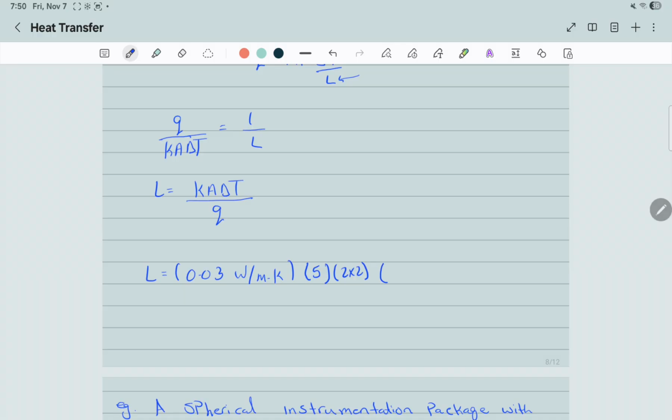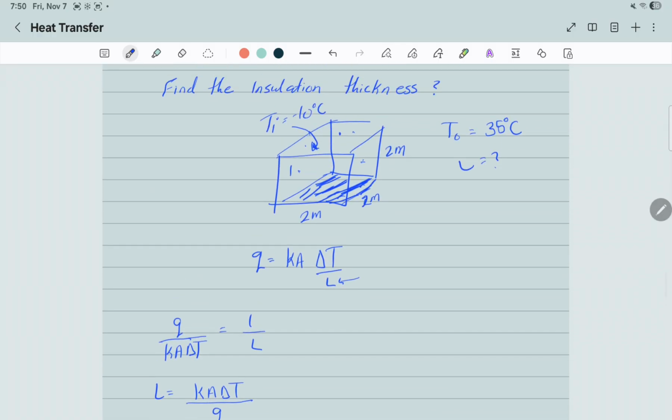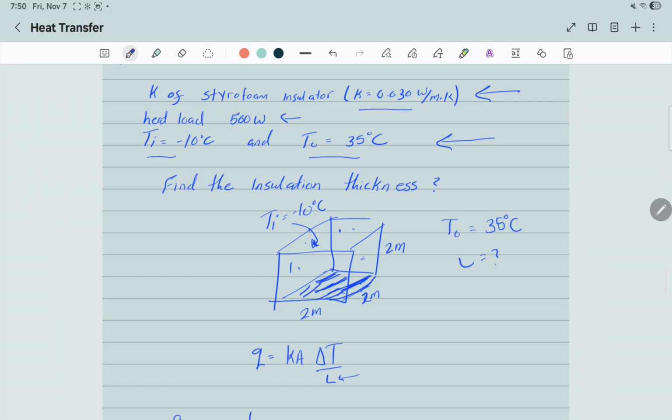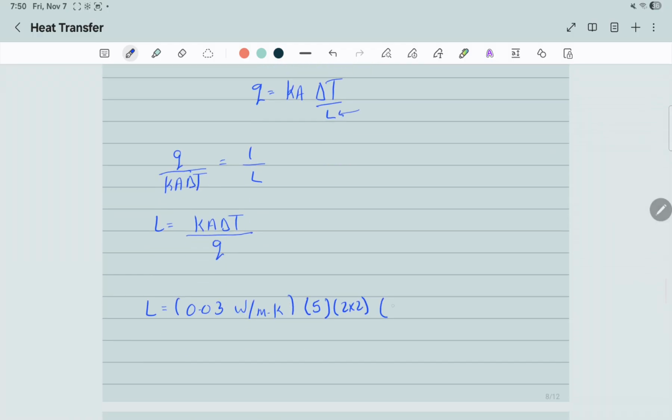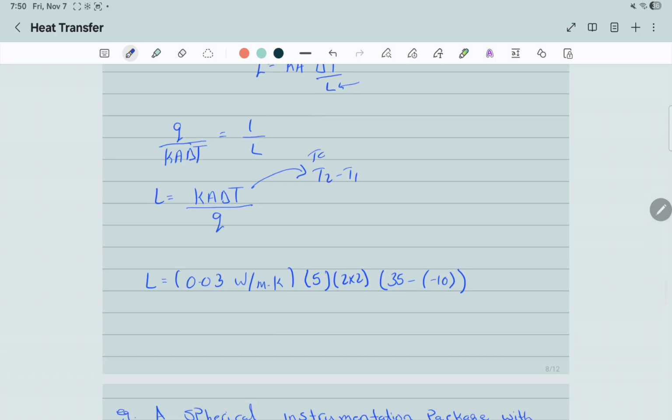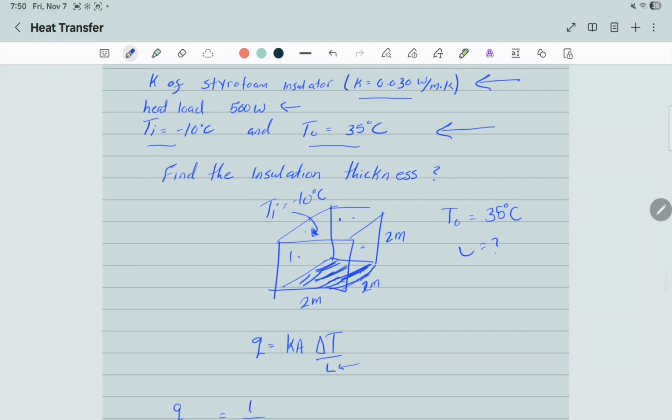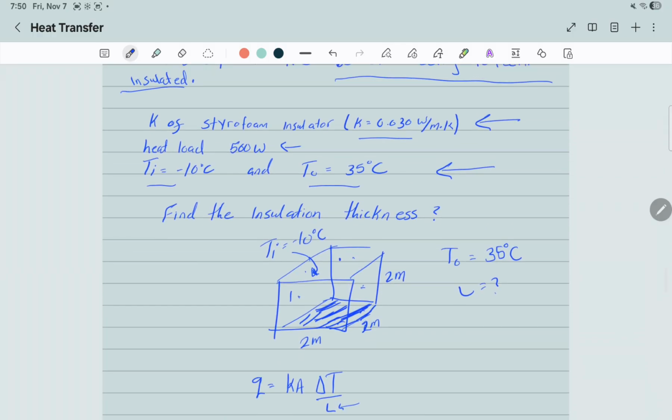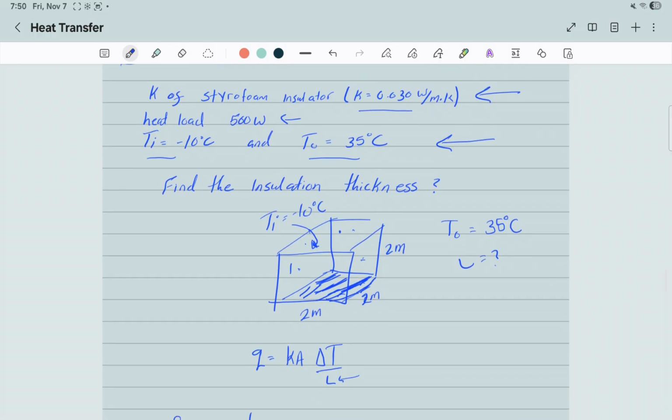Okay, times delta T, which is T outside minus temperature of the inside. Okay, delta T is T2 minus T1, which is outside minus inside, divided by Q, which is 500 watts.